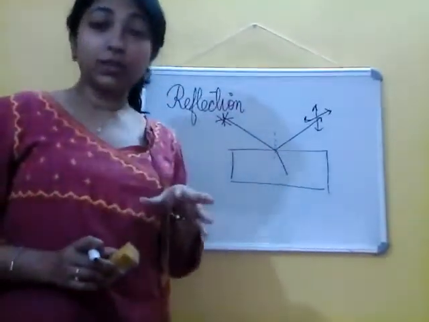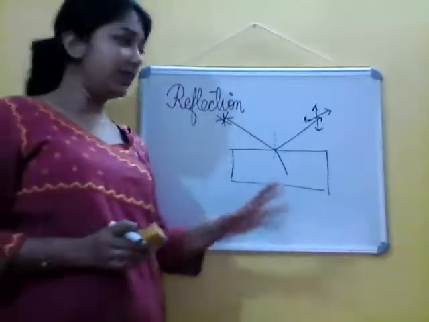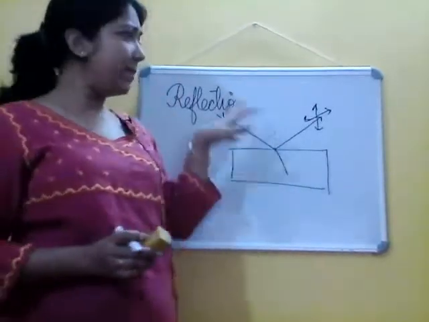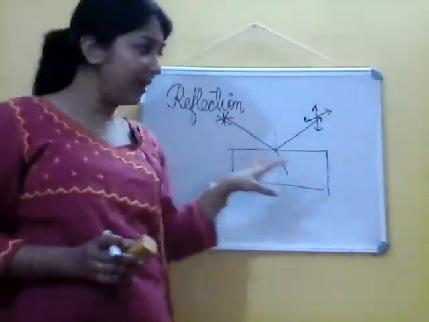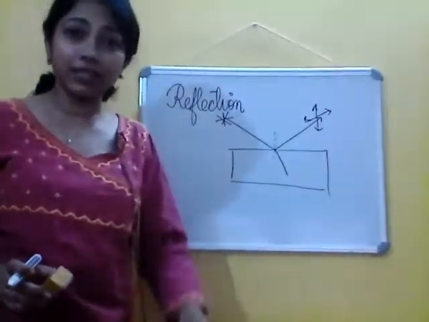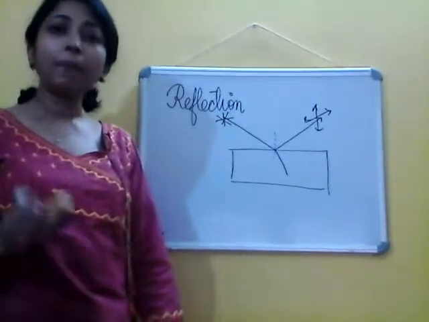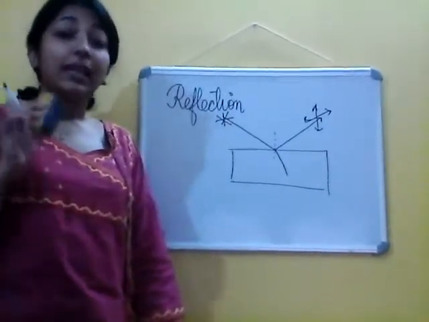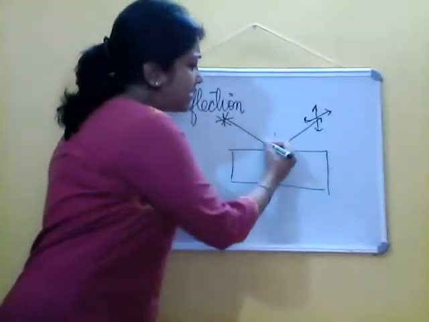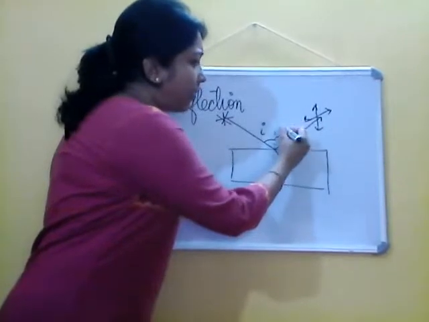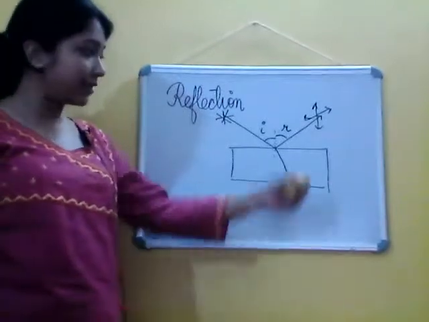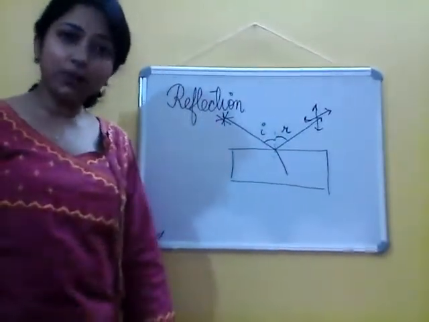Brewster, the scientist, worked with lots of optical media, working extensively by observing refraction, reflection and then polarization of light. As I told you, this is the angle of incidence and this is the angle of reflection. We all know that the angle of incidence and the angle of reflection are equal to each other.